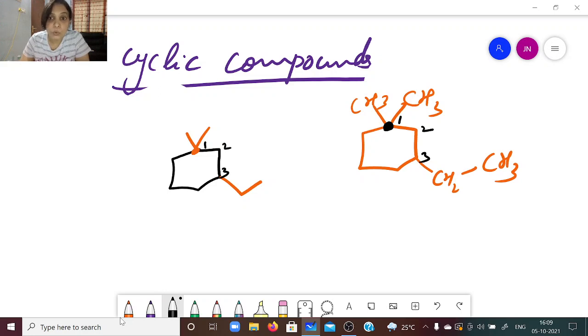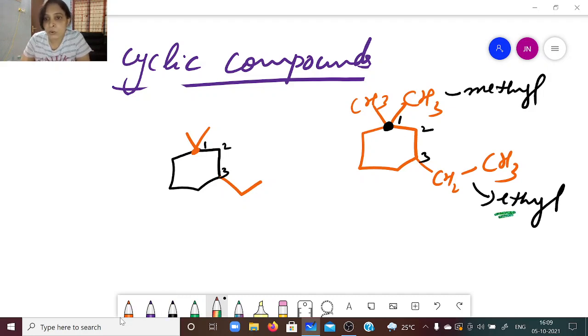There are 1 dimethyl. Now, you know that this is methyl and this is 2 carbon branch, so it is ethyl. So what is the name? Even though for ethyl, number 3 is given, E is coming first in the alphabetic order. So you have to write ethyl first with 3 as the number.